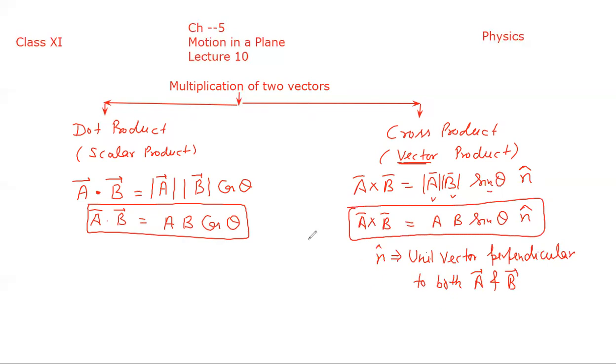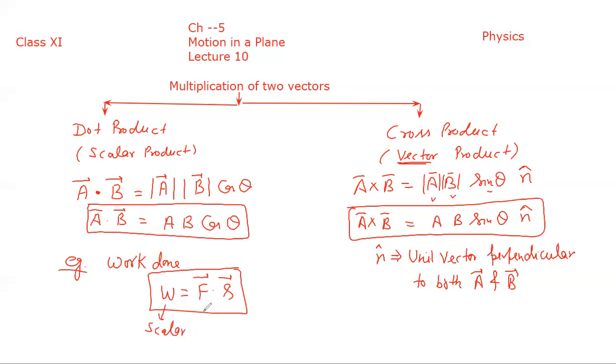So in this table we can simply define what is scalar product and what is vector product. Example is work done, in which W equals F dot S. See, work done is a scalar quantity, but force and displacement both are vector quantities. And for cross product, the example is torque tau.